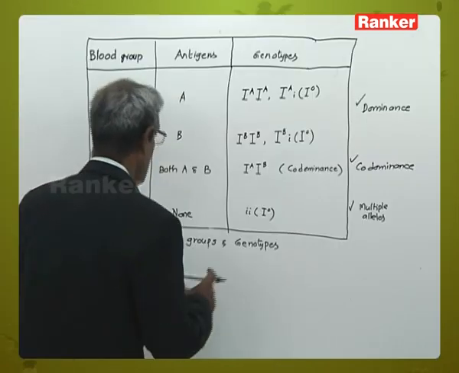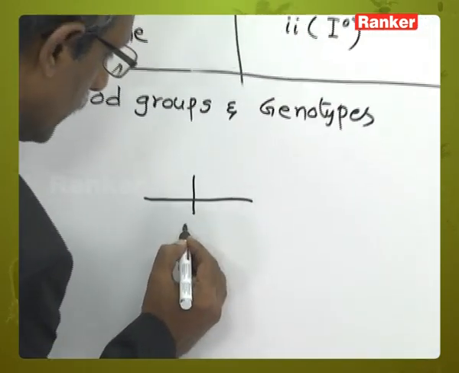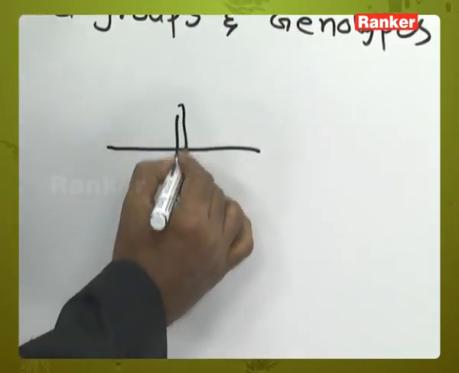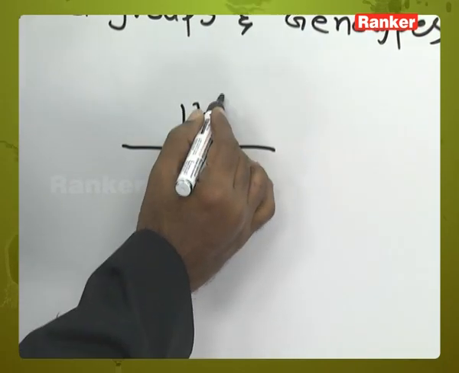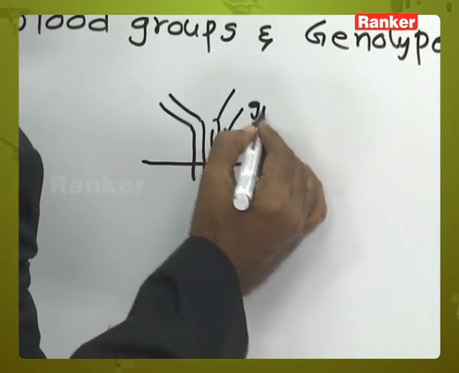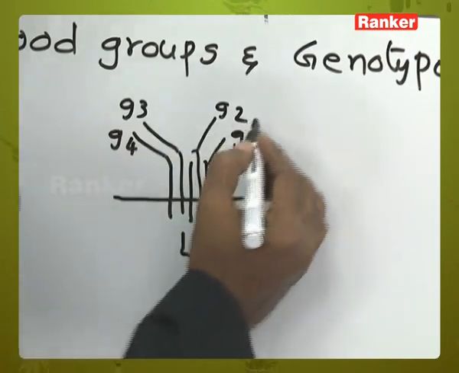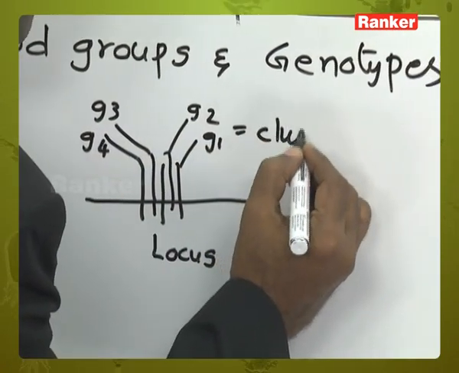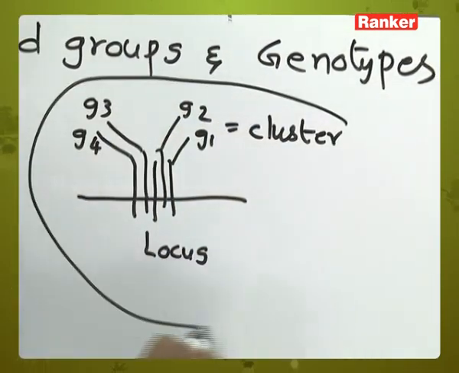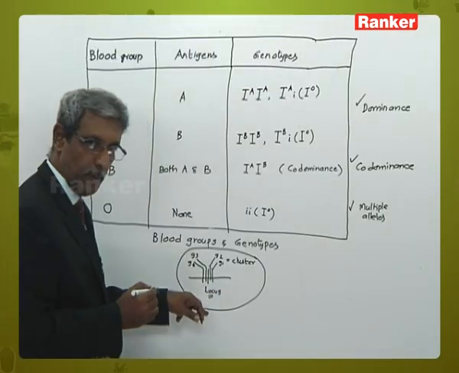So in multiple alleles, we have the situation wherein this is the locus, and we have a set of genes present here. So we have a gene cluster, present at a specific locus, at only the same locus.